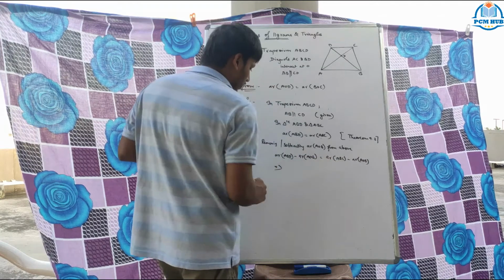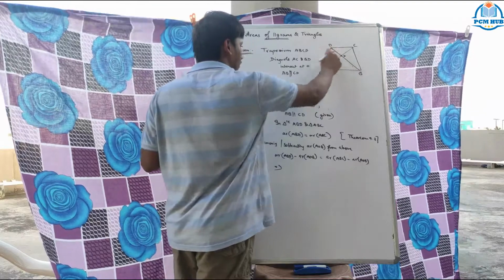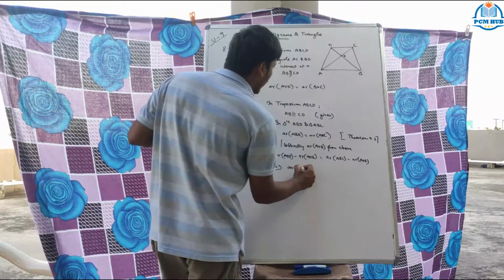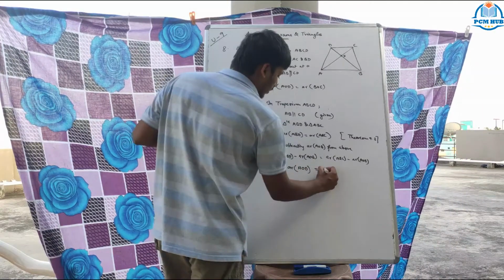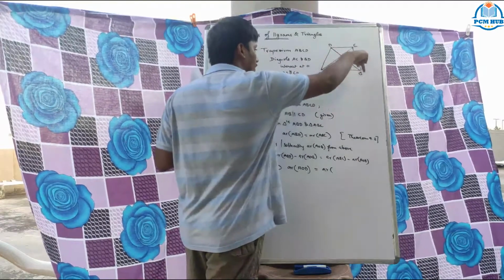Therefore, we will get ABD minus AOB; this part will be removed. The small triangle AOD will be left over. On this side, the triangle that will be left over from ABC, if we remove AOB, is BOC.